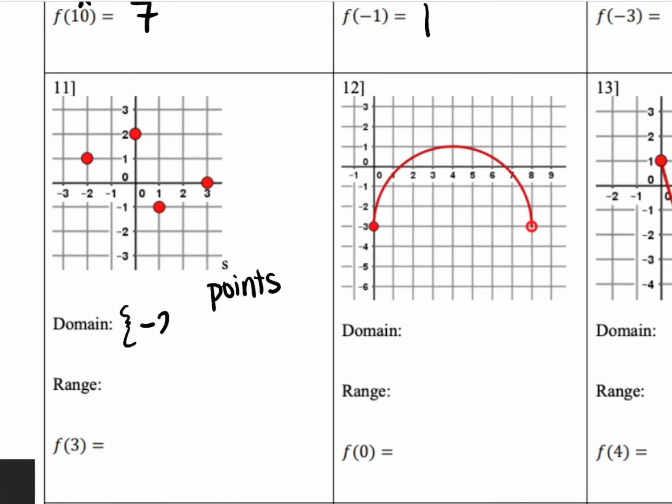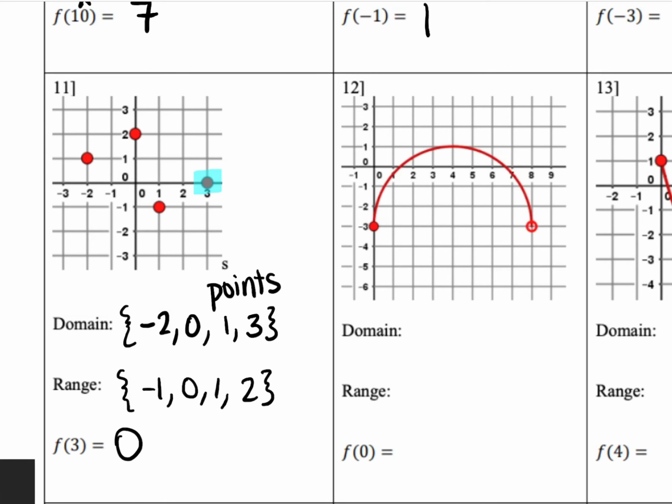We have negative 2, 0, 1, and 3. These are all of the x coordinates. And the range is our y coordinates. We have negative 1, 0, 1, and 2. Now when f is 3, we want to look on our graph. What is our y value? Our y value is 0.